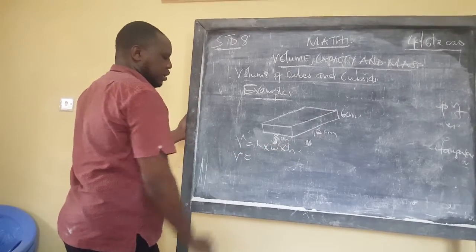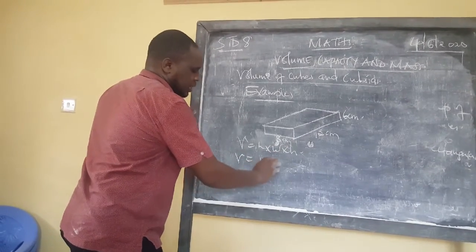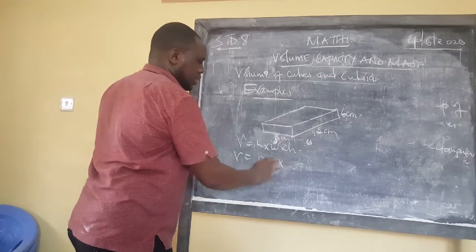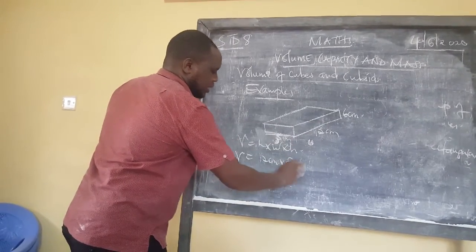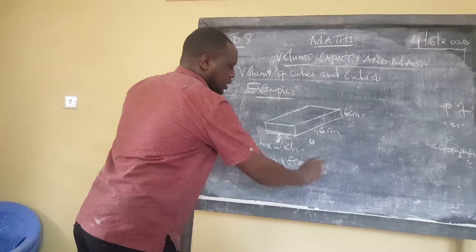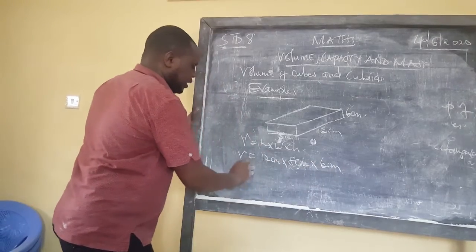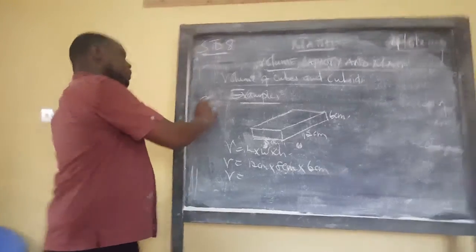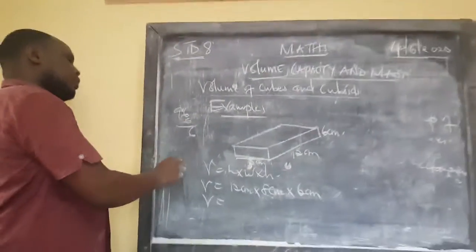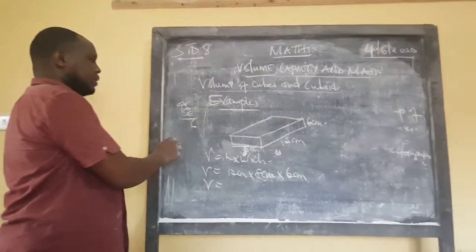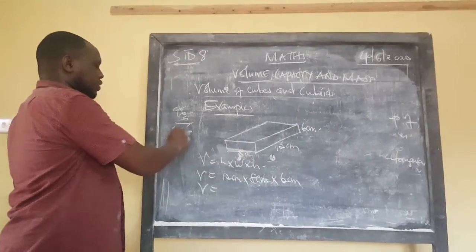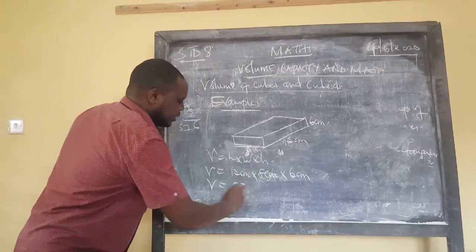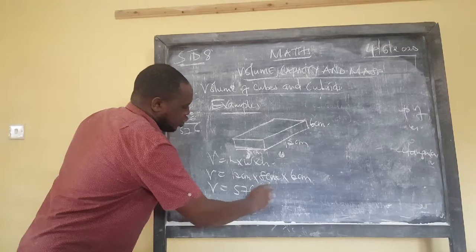So volume equals the length, 12 centimeters, times the width, 8 centimeters, times the height, which is 6 centimeters. If you multiply this well, you get 96 times 6, which is 576 centimeters cubed.